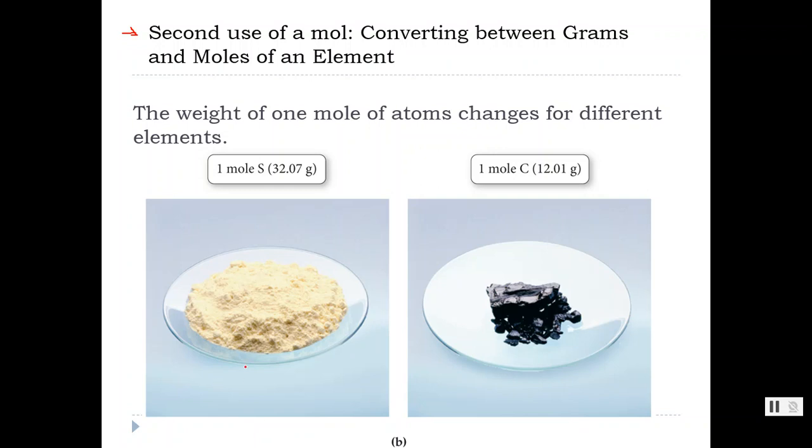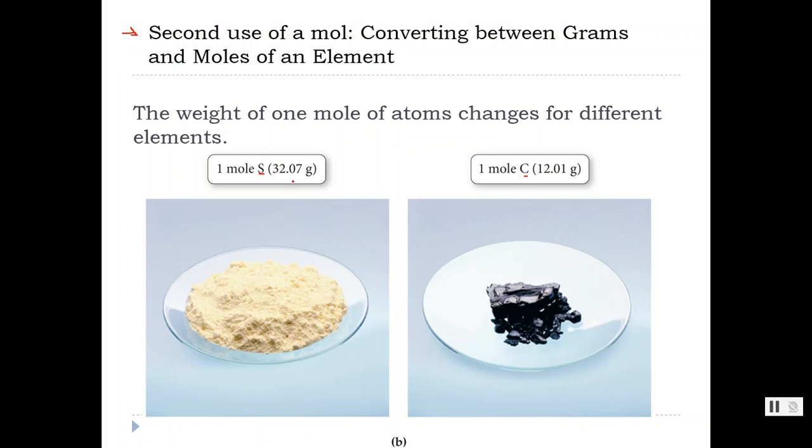So in this first picture, I have 6.02 times 10 to the 23rd atoms of sulfur on the left-hand side. On the right-hand side, I have 6.02 times 10 to the 23rd atoms of carbon. So both pictures show 6.02 times 10 to the 23rd atoms.